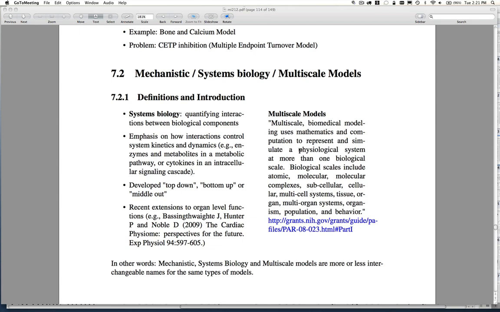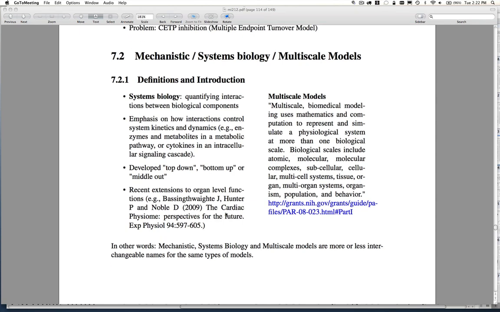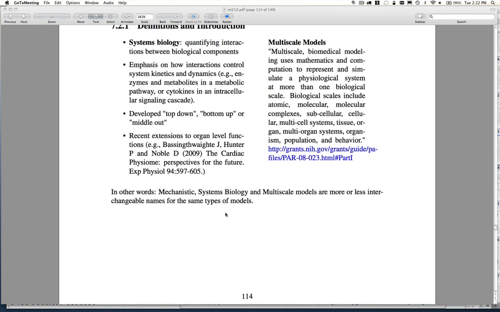And there are numerous grant opportunities out there for developing these types of models as well. So again, when you hear somebody talking about mechanistic models or systems biology models, although the field of systems biology is a very broad field and there are still some very distinct wet lab components to this, all of these models really can be lumped into many of the same principles and concepts.